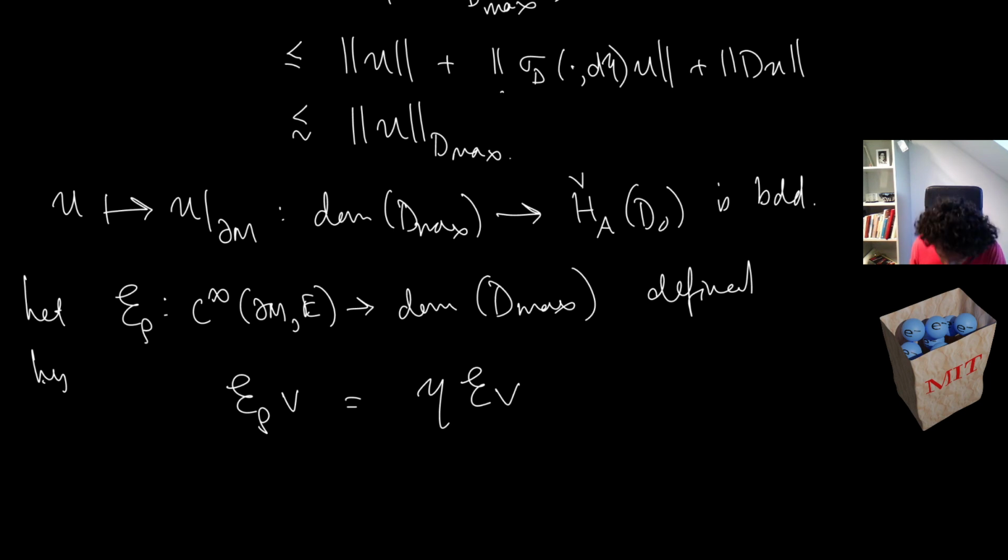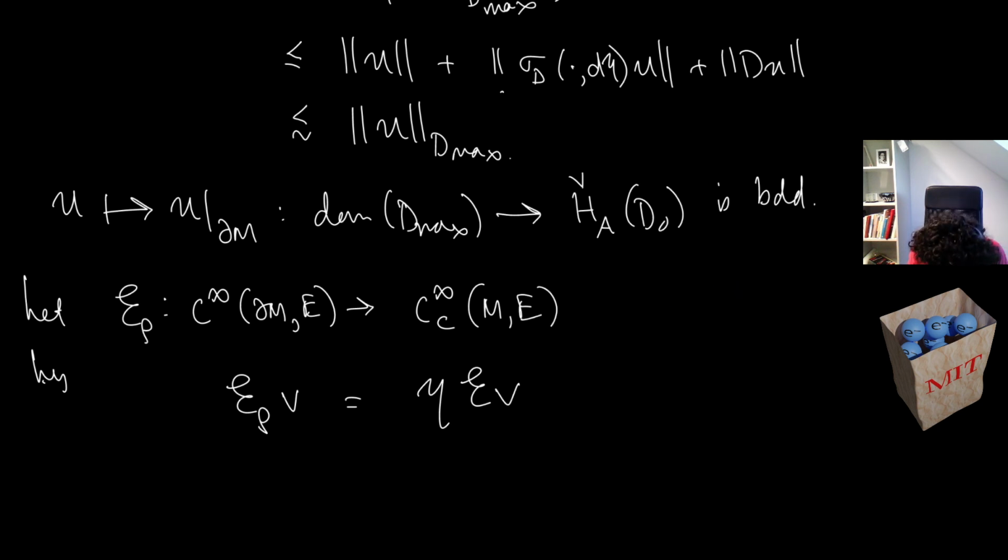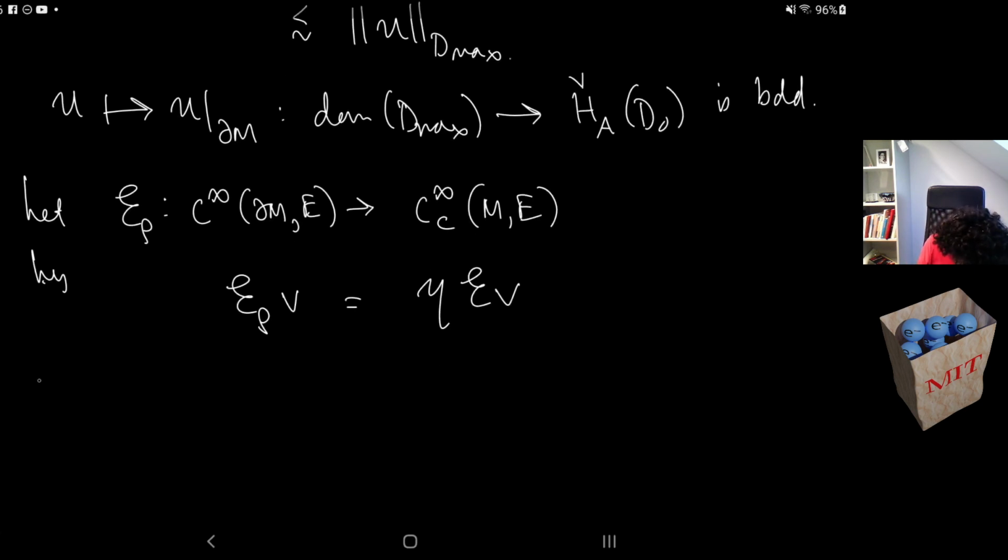So I shouldn't say DOM D max here. Let me say C infinity of ME, compactly supported with support E. Okay, so we've defined it by this.